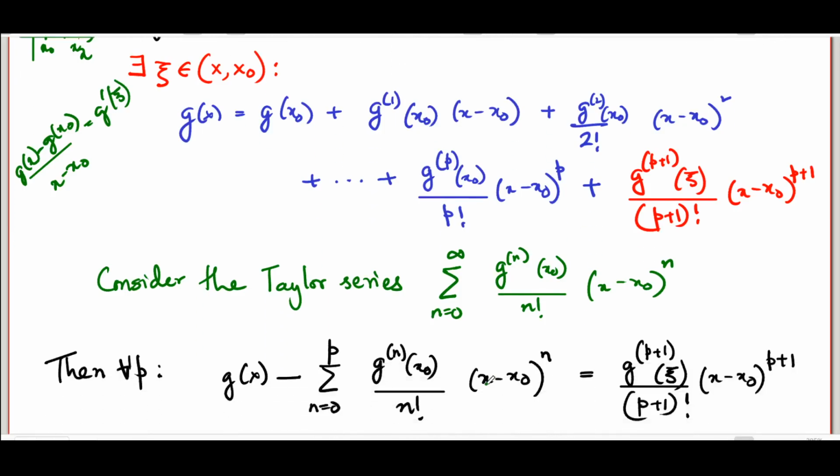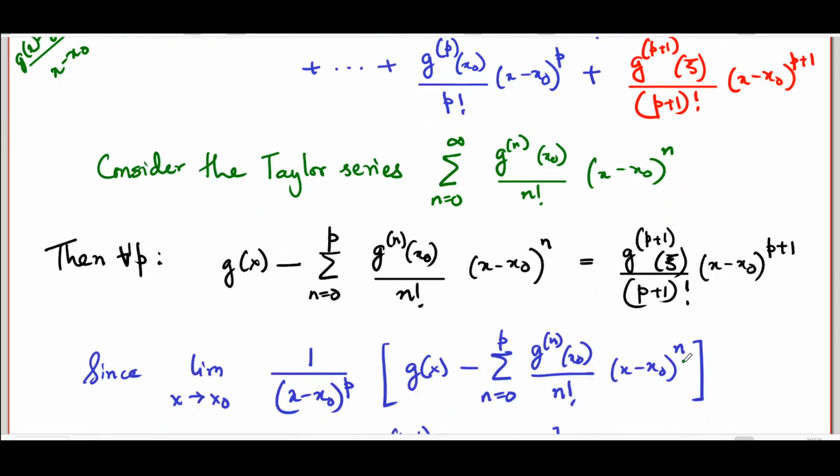We can easily see that for all p, the difference between g(x) and the partial sum up to p terms, which is what you really need to worry about when you want to check whether this series is asymptotic to g(x) or not, is given by this remainder term, (x − x0)^(p+1)/(p+1)! times the derivative g^(p+1) at psi.